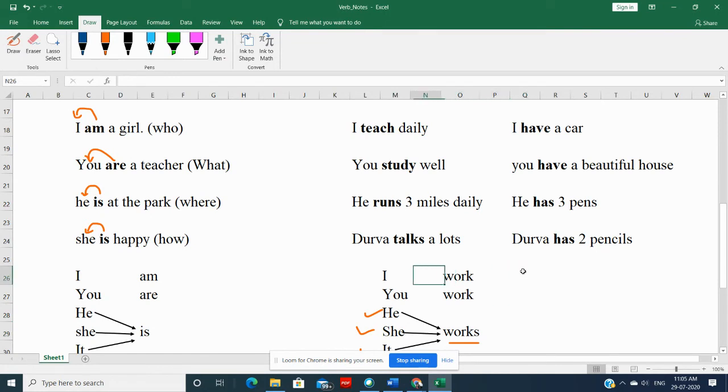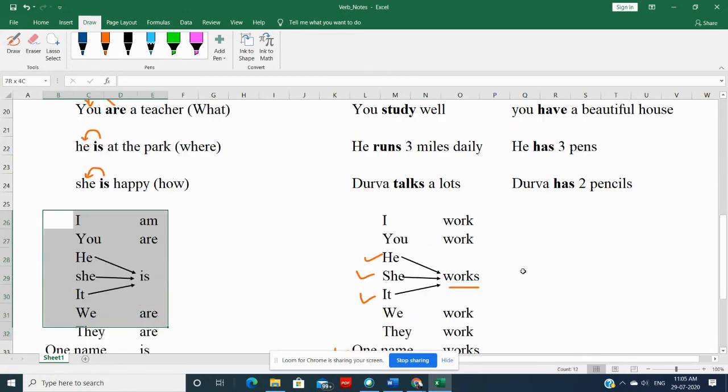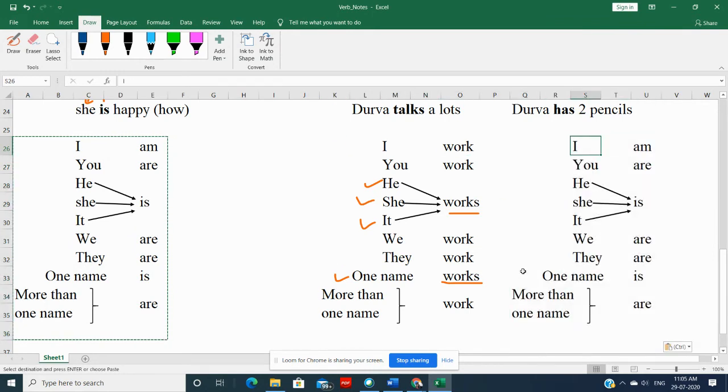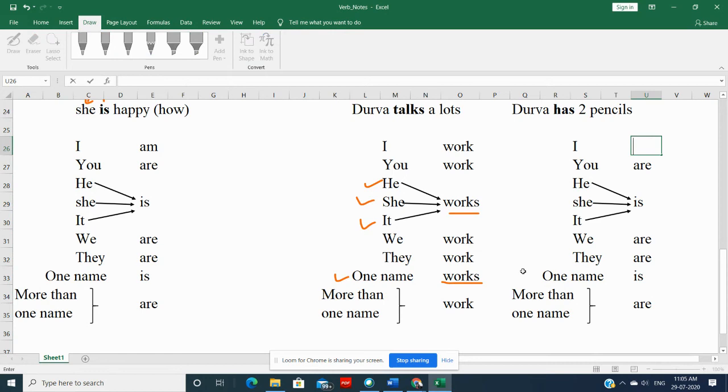So now let's see the rules of these. Okay, so with I, we always use have, you have, he, she, it has, we have, they have.